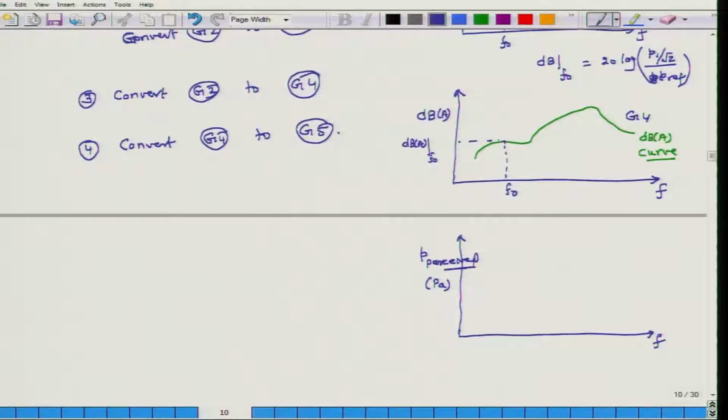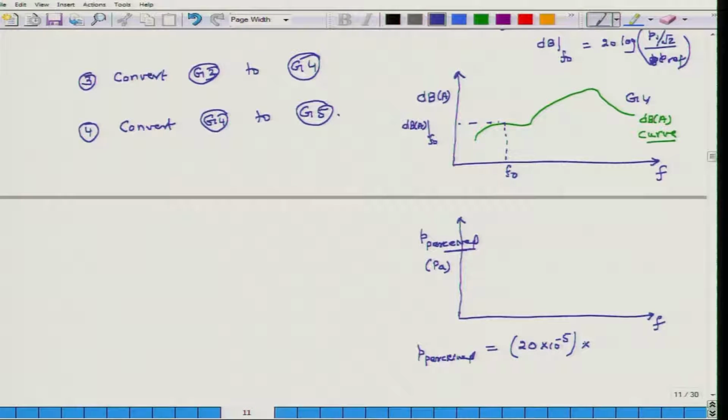At frequency f naught, P perceived is equal to what? It is equal to 20 into 10 to the power of minus 5 times 10 to the power of what?